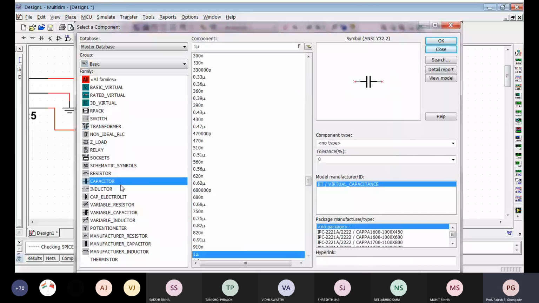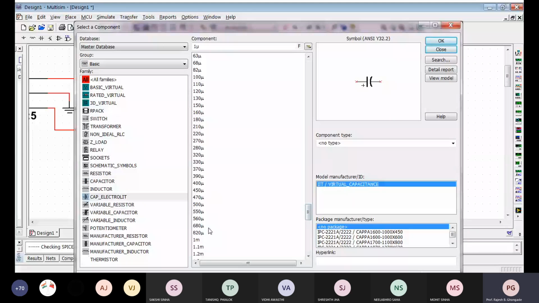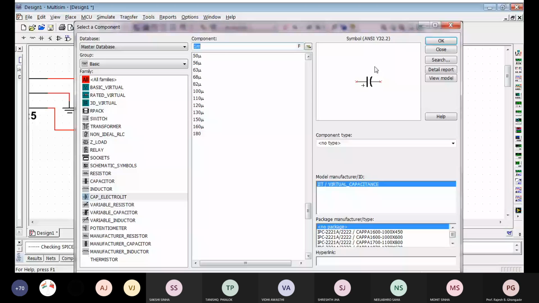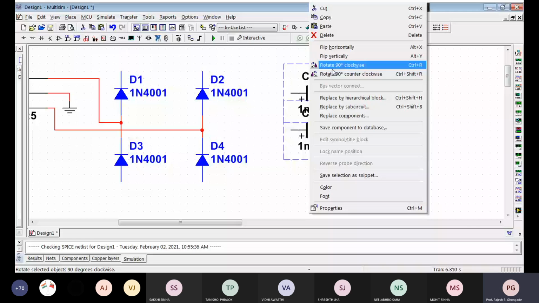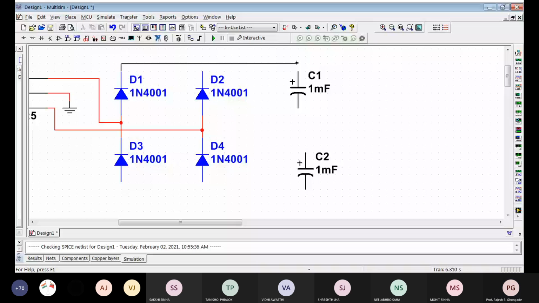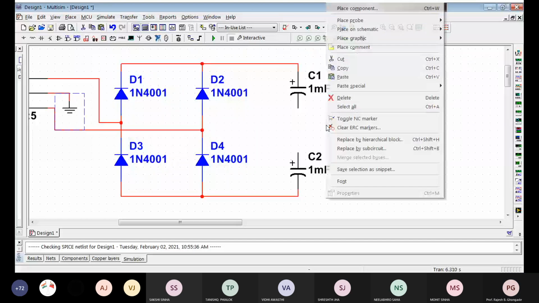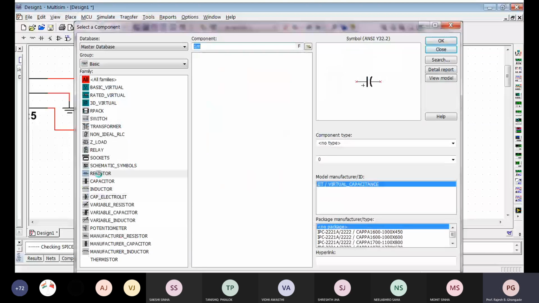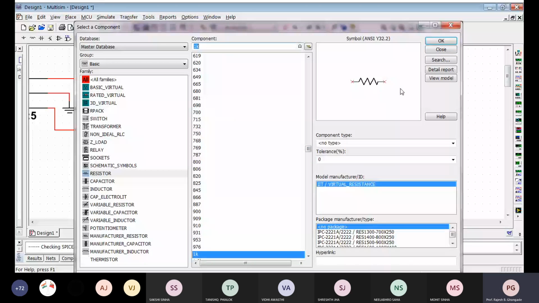Use an electrolytic capacitor for filtering, 1000 microfarads. We place a load and see what happens.